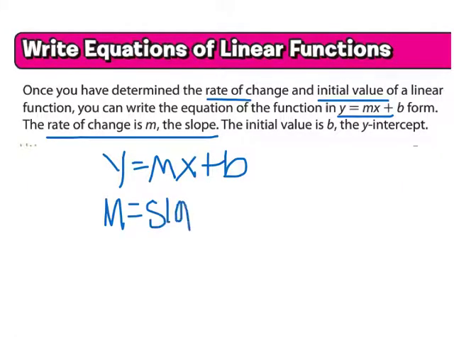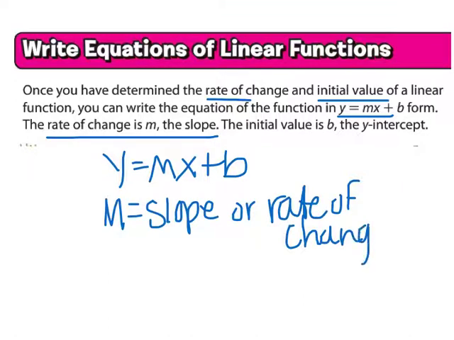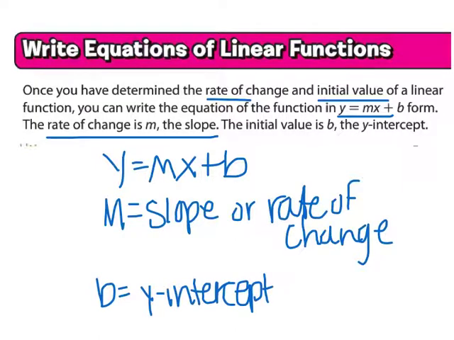M is slope, or rate of change, and b is y-intercept, or initial value.